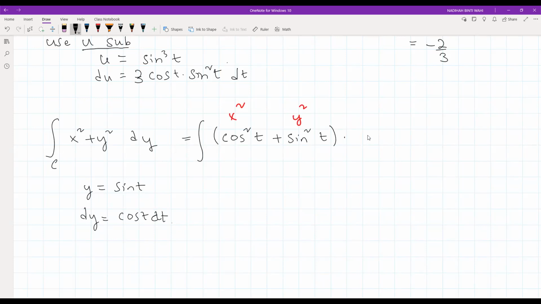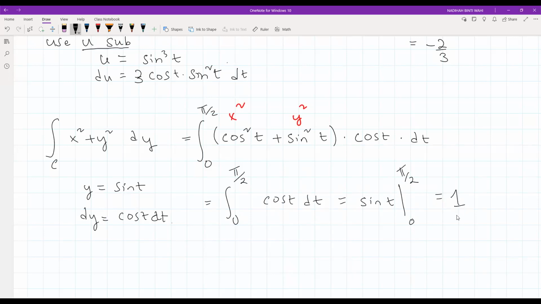Okay, so this will be cosine t dt, integrated from 0 to pi half, doesn't change. Okay, so you can see that this is quite easy. From 0 to pi half, this becomes 1, just cosine t dt. So this is just sine t from 0 to pi half, which is equals to 1.